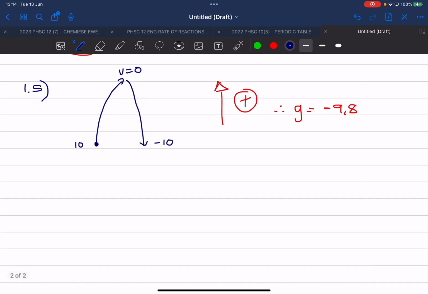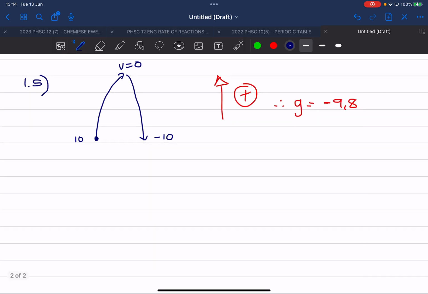Okay. So if they ask for a velocity time graph, a snelheid tydgrafiek, so then I have time versus velocity. Kom ek gaan sê, hierso is time 1, time 2, time 3. So at time 1, the velocity was 10. At time 2, the velocity was 0. At time 3, the velocity is negative 10.